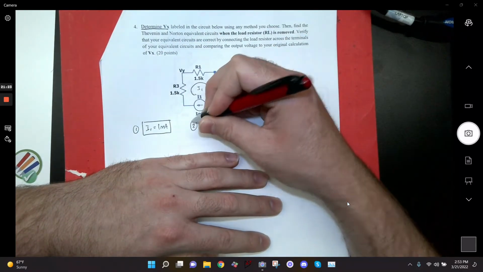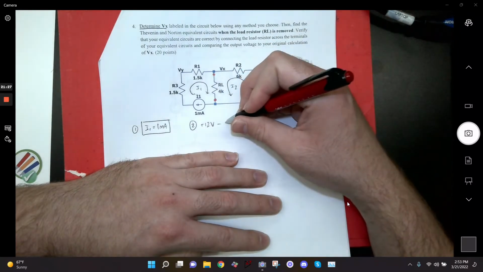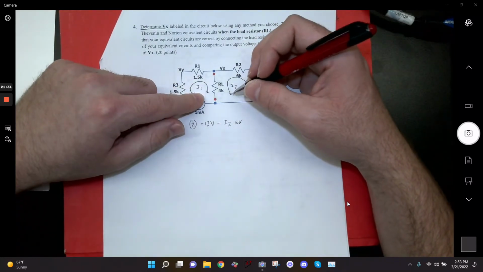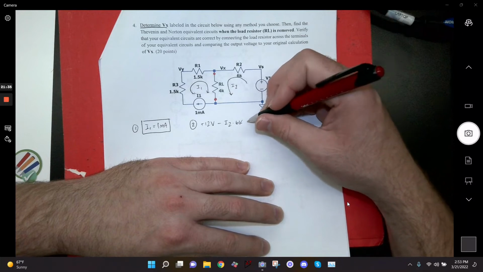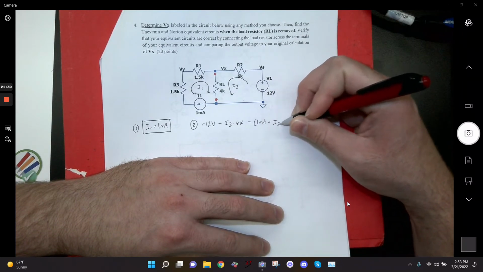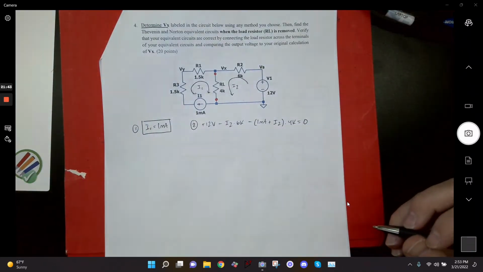My second equation is plus 12 volts minus I2 times 6K, and then I1 and I2 both flow through the 4K. Let me just plug it in: 1 milliamp plus I2 times 4K, and that's going to give me 0.